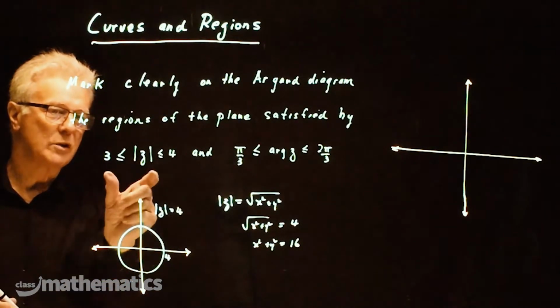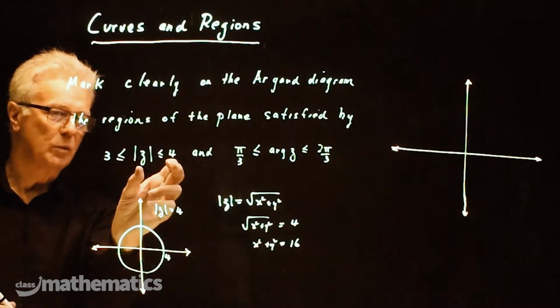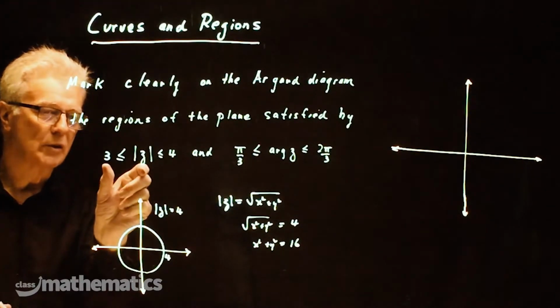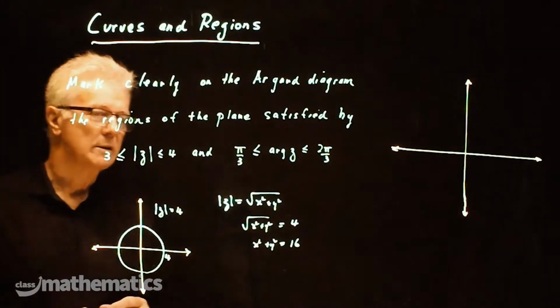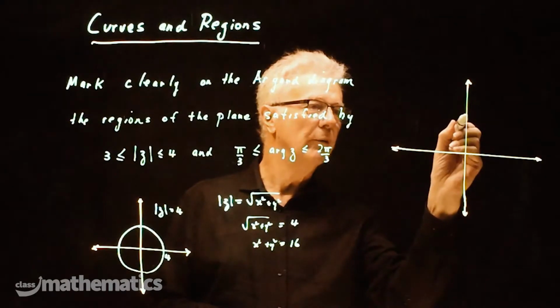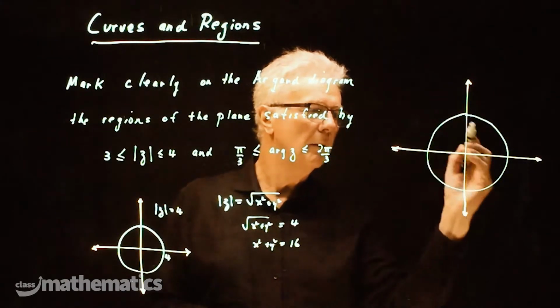So the first bit is saying that we've got two circles. We've got the first one here, a circle which is less than 4, and here another circle which is greater than 3. So drawing that on the Argand diagram, I can do it fairly accurately. There's my 4.